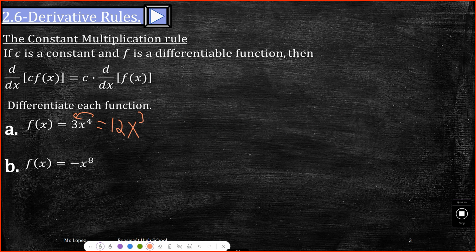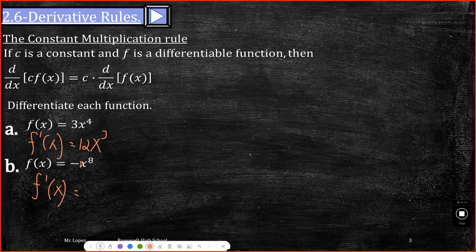So there's an invisible number in between, a negative here. There's a 1. So what would be the derivative? f prime of x should be 12x to the third. And the derivative of this one, f prime of x should be what here? Anybody, come on.